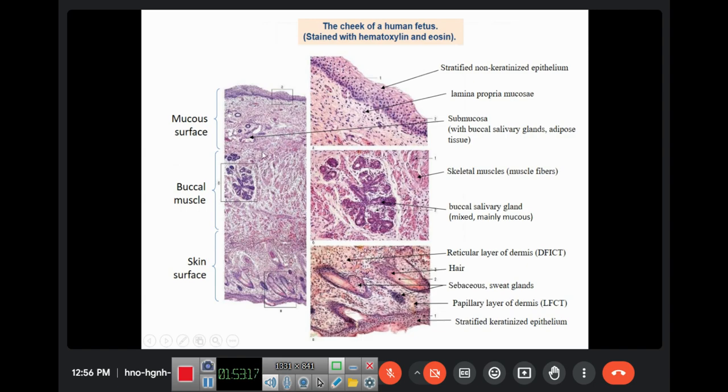And this prevents formation of folds of the mucous surface during chewing, because the folds can be bitten during chewing, and thus the mucous surface could be damaged. But the connection of epithelium to the buccal muscle with thick bundles of collagen fibers prevents damaging of the mucous surface during chewing.